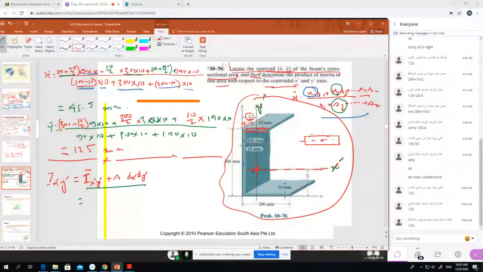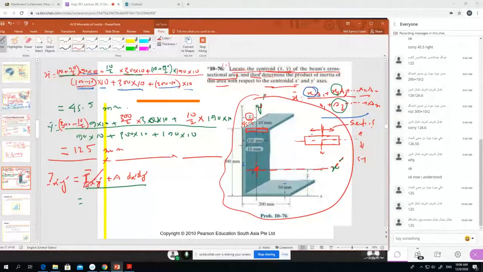Now this is the central axis for section one. With respect to the x-axis, upside and downside are the same. With respect to the y-axis, this side and this side are the same. That means it is symmetric.